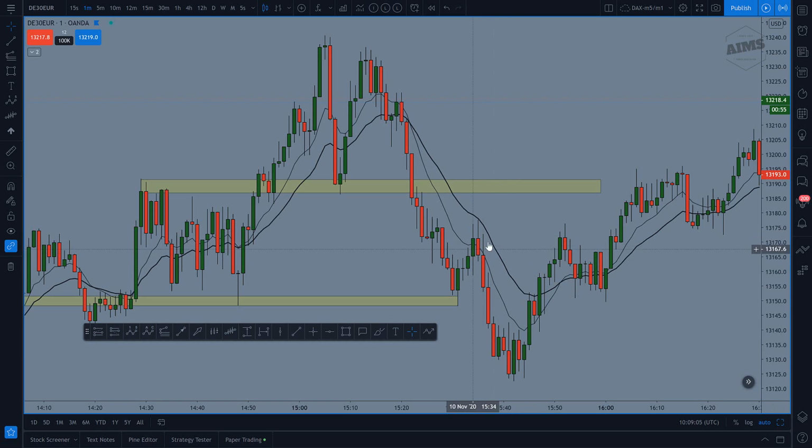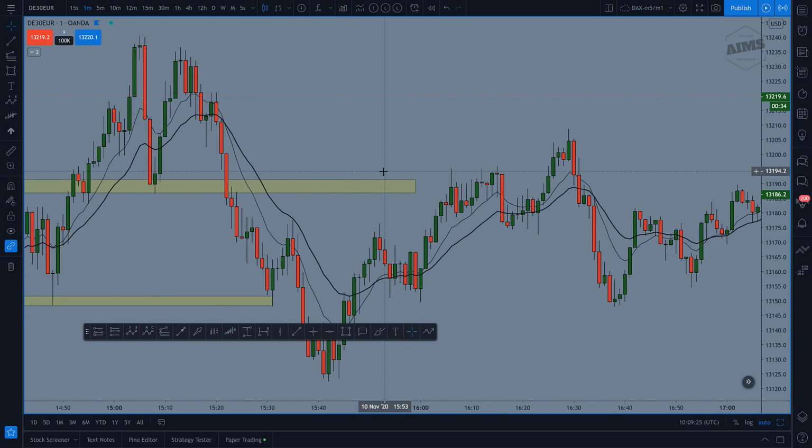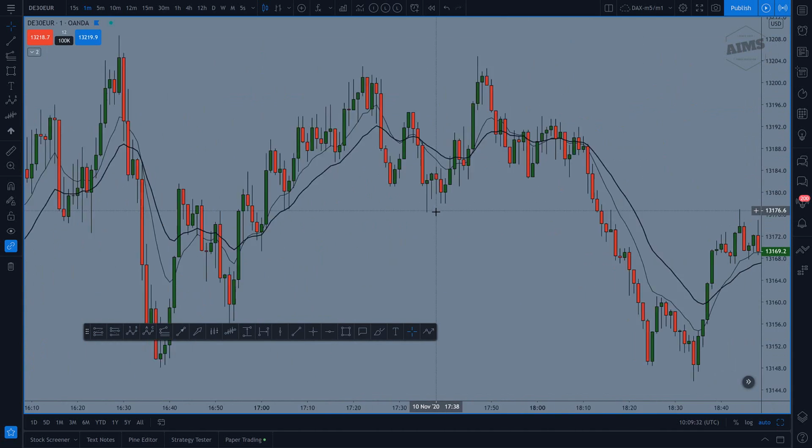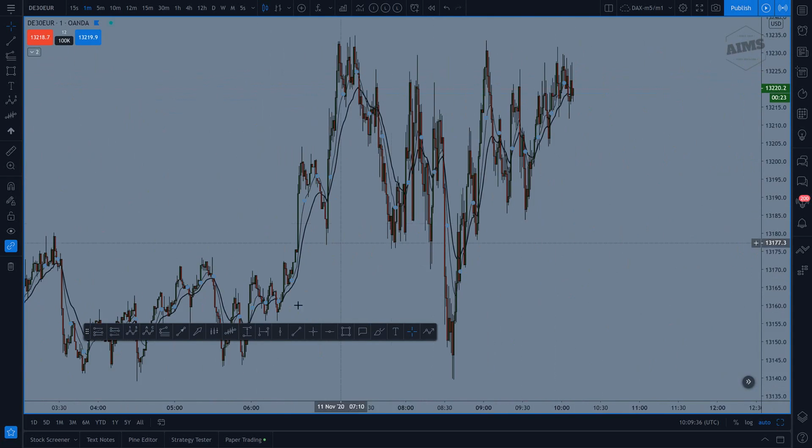So if you took 100 of these with levels to the left and 100 of these with no levels to the left, the ones with no levels to the left will give you a 70% win rate, whereas the ones with levels to the left will probably give you about a 40% win rate. And 40 is not enough, unless you go for 1:5s, which is literally impossible in range-bound markets. So yeah, that's that.